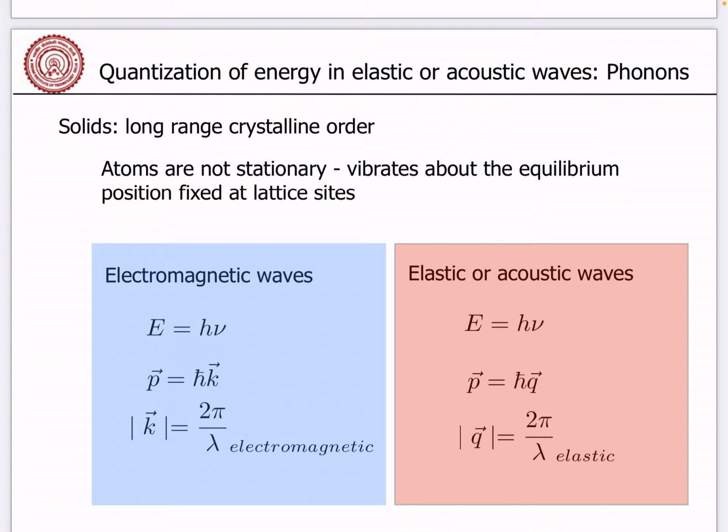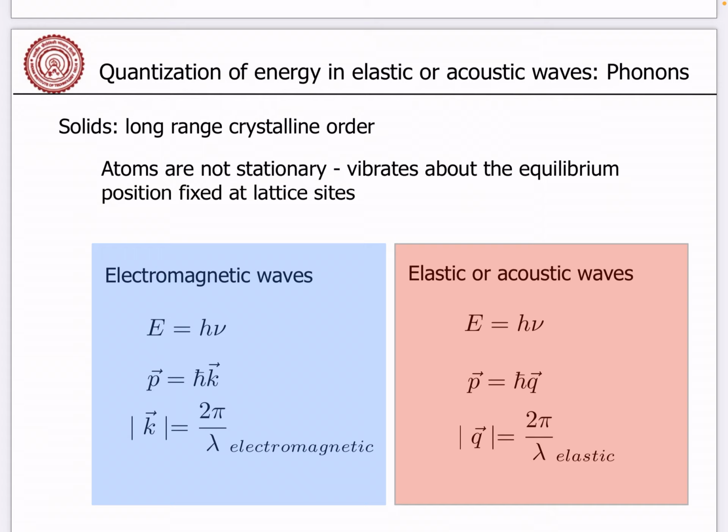If you remember your earlier classes, maybe during your school days, right? If you have two atoms and you bring them closer, the potential energy has a minimum, which is the equilibrium position for the two atoms, right? Now at the equilibrium position, we have considered that each atom is stationary.